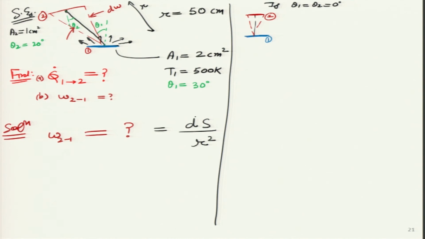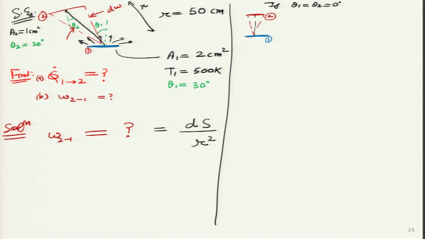Then I can directly write this relationship, which means the solid angle subtended by body 2 when viewed by body 1 is simply the projected area of body 2 divided by r square.